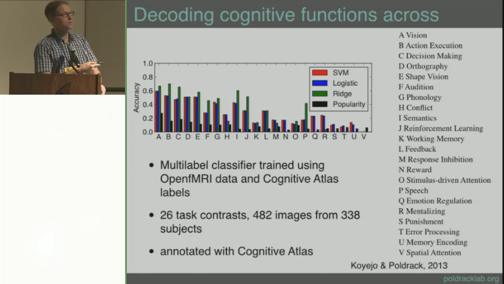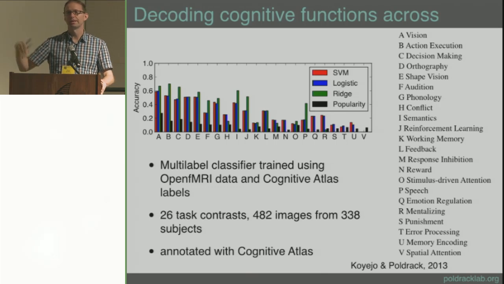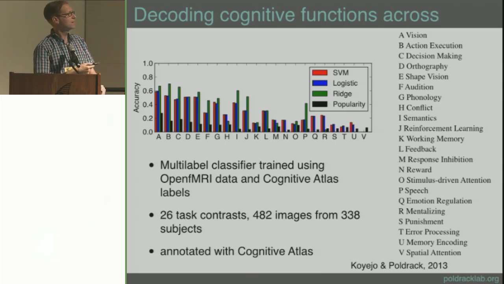It turns out that we can do fairly well at that. We're not anywhere near ceiling, of course, but we can do pretty well, and certainly much better than the popularity baseline, though we end up doing best on the things that are most popular in the data set. The processes that are there most often, we have more data on, so obviously we're going to do better on. Next.